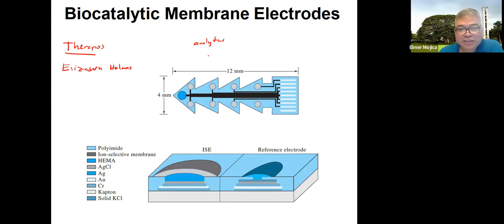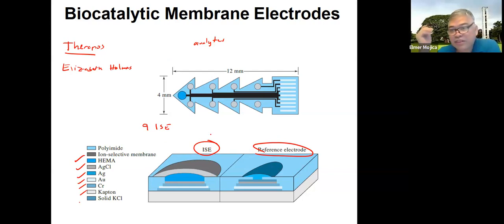So if you're going to look at this, what we call microfabricated potentiometric sensor, you have a reference electrode here, and then you have the ion selective electrodes here. And if you're going to look at how many ions they test: 1, 2, 3, 4, 5, 6. Okay. So usually there are what? 9 ISEs on one side of the film and corresponding to the reference electrode.